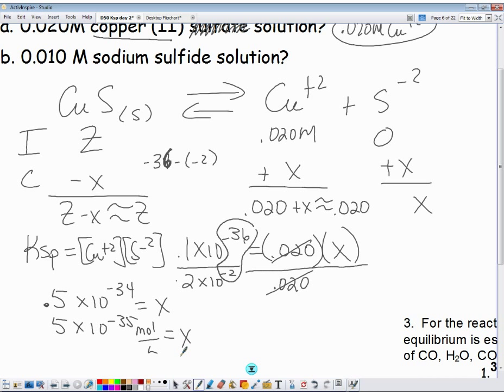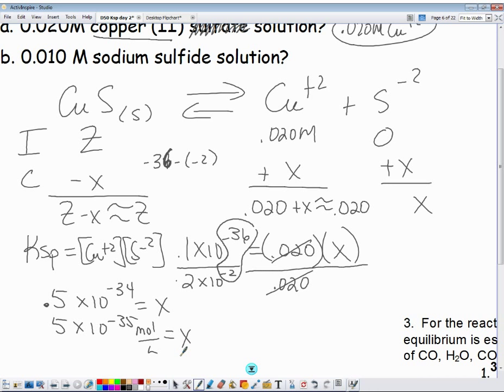It's that same concept. All of us can fit in the gym when it's pure water. But all of us can't fit in the gym when there's already people in the gym. There's already copper in the gym. So not as much copper 2 sulfide can fit in the gym. That's what it's like.